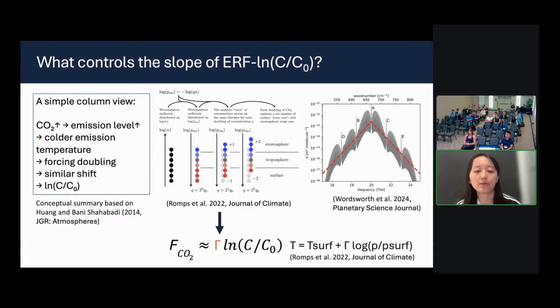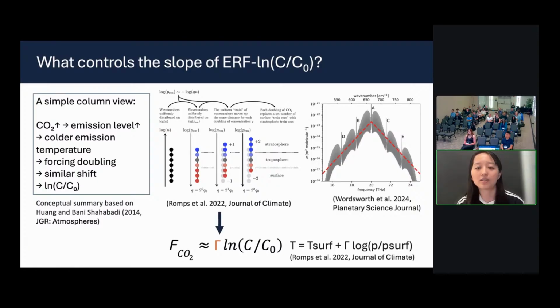When CO2 doubles, this whole train shifts upward by the same amount on the log pressure emission axis. One group of wave numbers that used to emit from the warm surface now emits from the colder upper atmosphere. And each doubling moves about the same size group, so each doubling gives about the same forcing. That is the physical reason CO2 forcing is approximately proportional to log CO2.